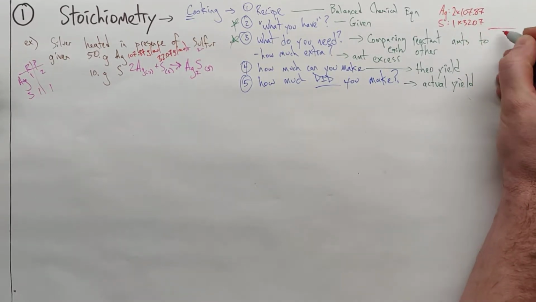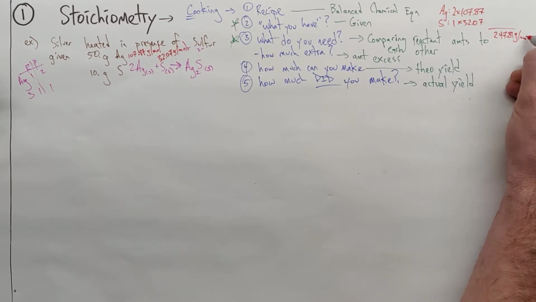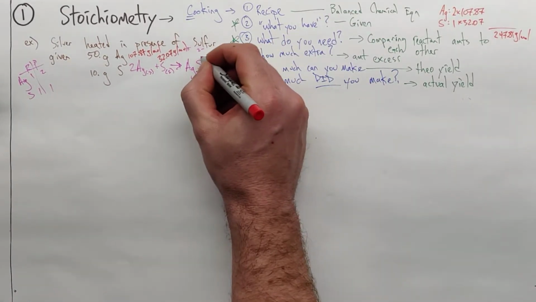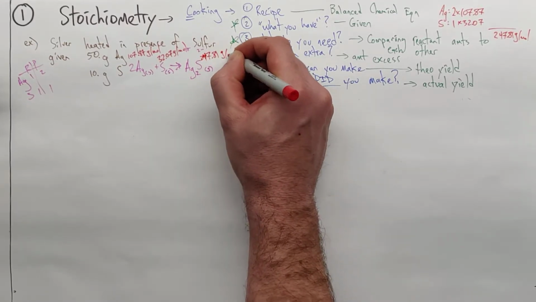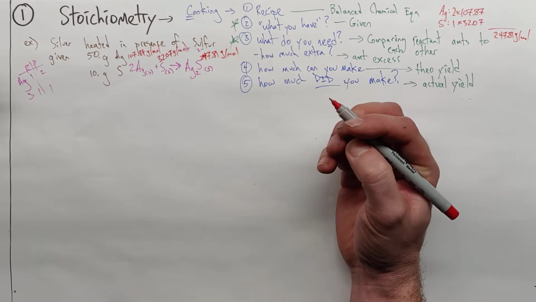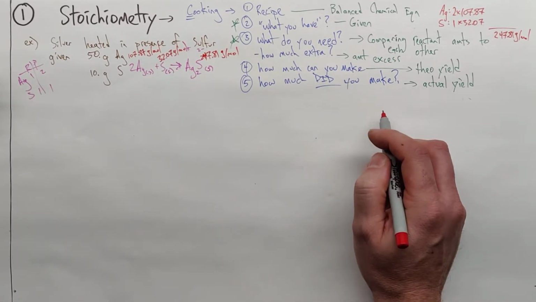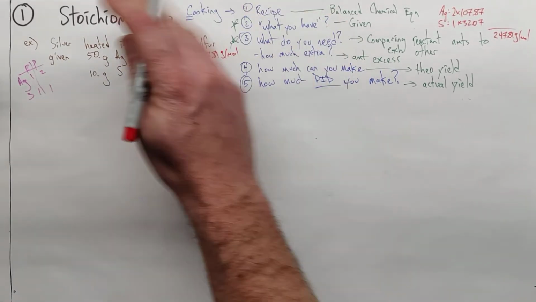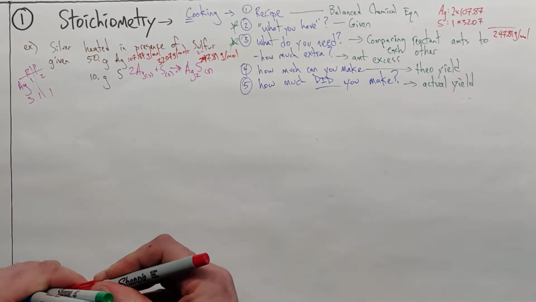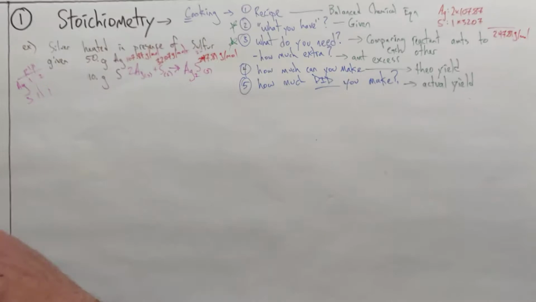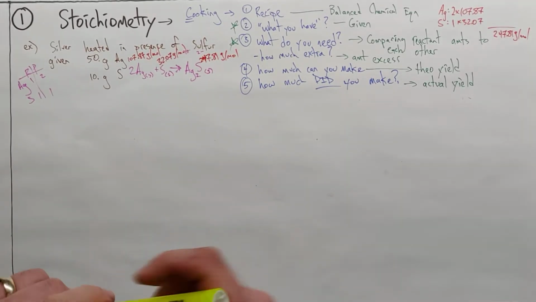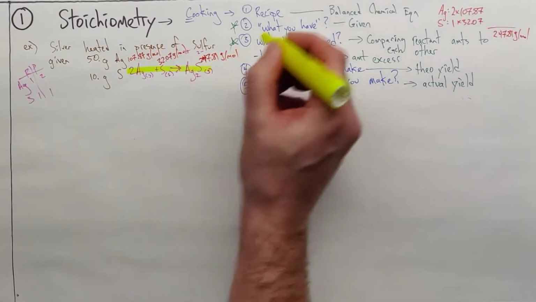You add those up, and you end up with 247.81 grams per mole. That's good preliminary work. You don't always need it, but it certainly can't hurt in the big picture. I realize that's kind of a mess, but we'll take care of that as the problem progresses. So we have a recipe. It is, in fact, right here.